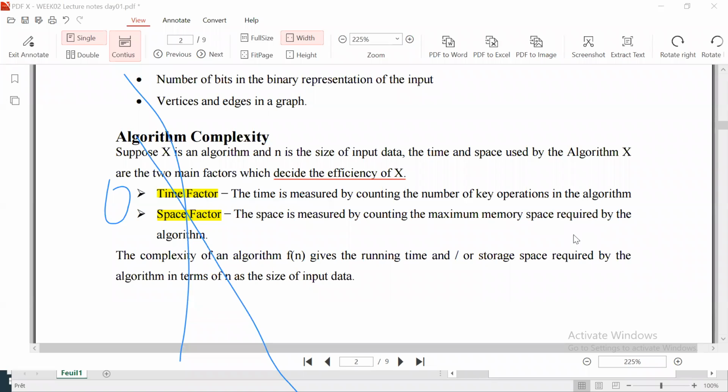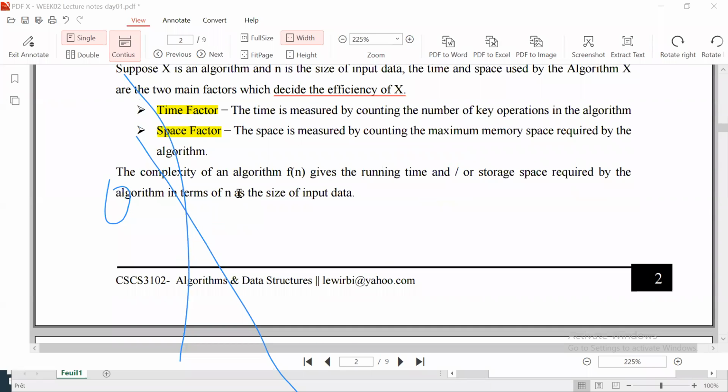Sorry about that. So in algorithm complexity, we have two major factors that we need to consider: the time factor and the space factor. When we talk about the time, we are looking at the processor time. When we talk about the space, we are looking at the memory size that your algorithm will need.